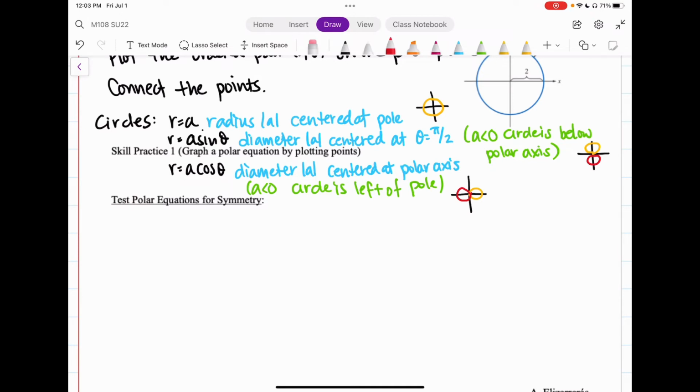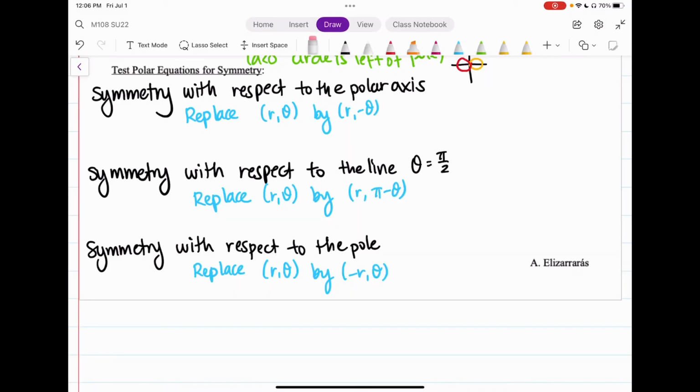We can use symmetry to help us graph equations using polar coordinates. And we have symmetry with respect to the pole, to the line theta equals pi over 2, or to the polar axis. You have symmetry with respect to the polar axis if you get the original equation by plugging in negative theta.